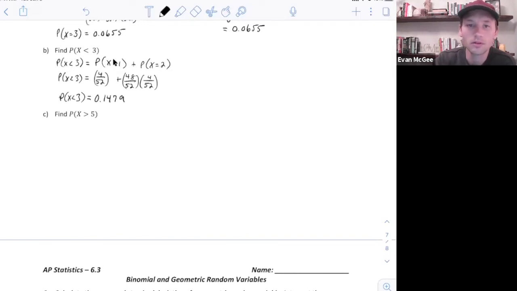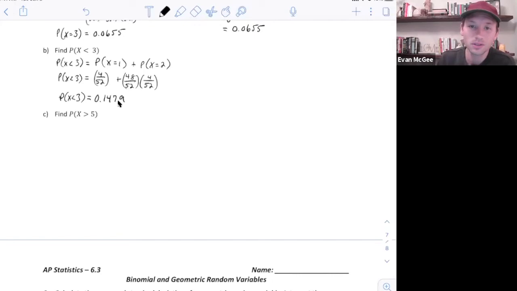So we're going to add the probability of being 1 and 2. If it's 1, that means there were no failures. It happened on the first trial, so there were no failures beforehand. So the first card was a 3. If it was the second, then there was a failure, and the second one was the first success. So add those together and you get 0.1479.